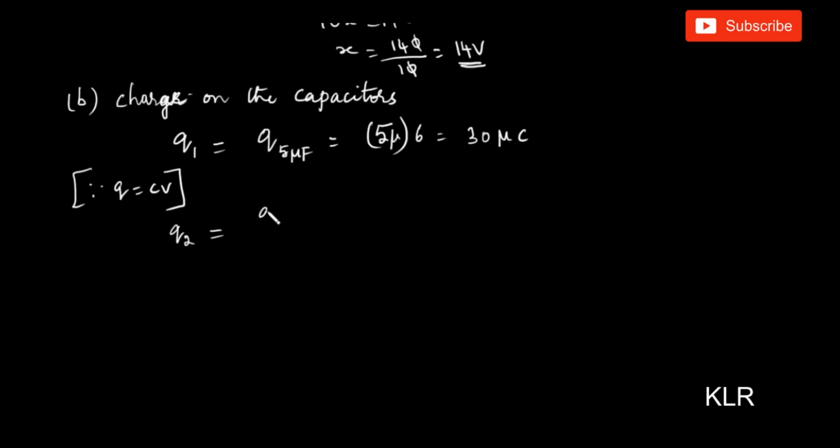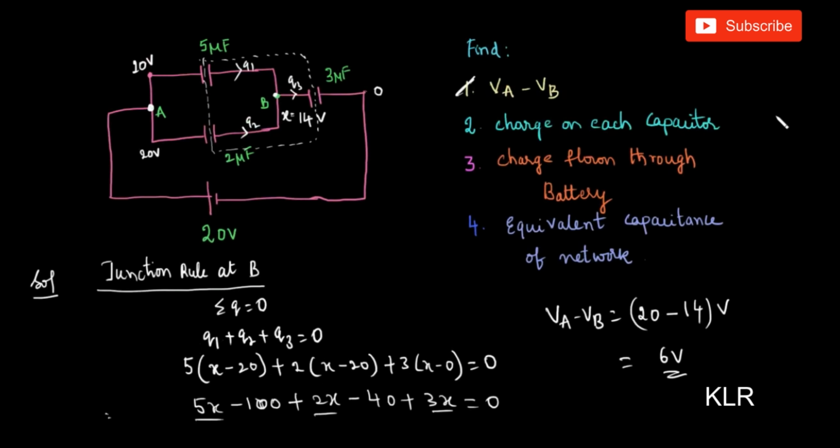So the charge on 2 microfarad, capacitance is 2 micro and the potential difference is 6, that is equal to 12 microcoulombs.